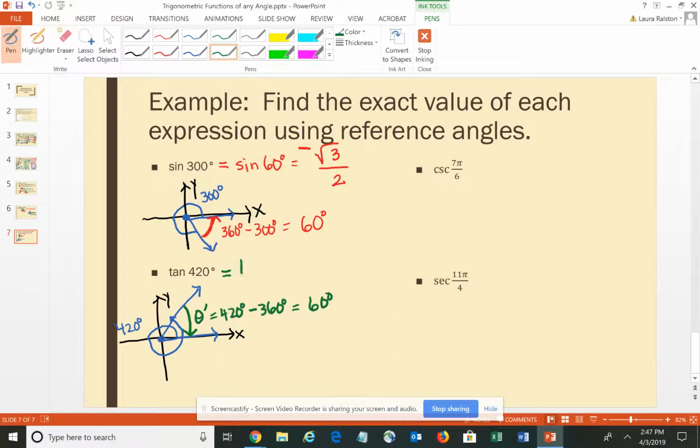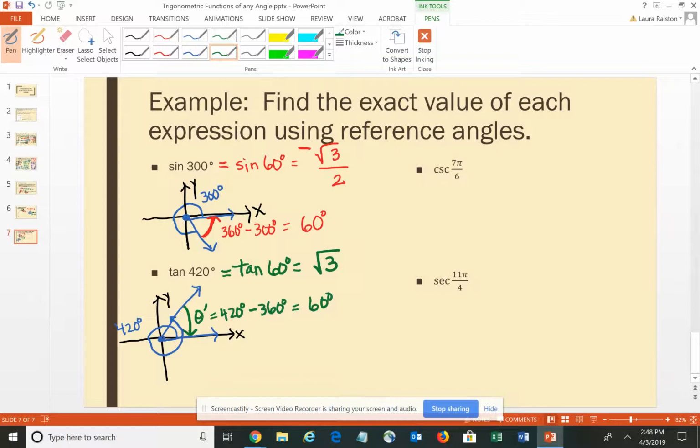So the tangent of 420 is the same as the tangent of 60 degrees. I hopefully have learned that the tangent of 60 degrees is the square root of 3. I'm in the first quadrant, and in the first quadrant, the tangent is positive. So I'd have positive square root of 3.